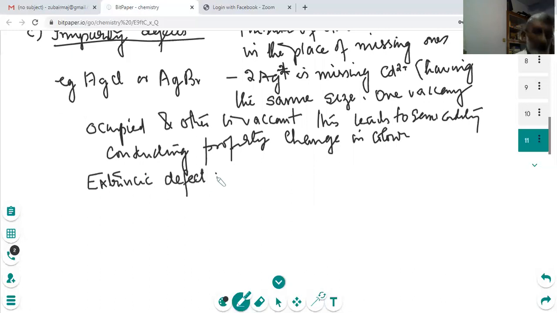That is, the metal is coming from outside. Okay, a new metal is getting introduced, a foreign substance is introduced.